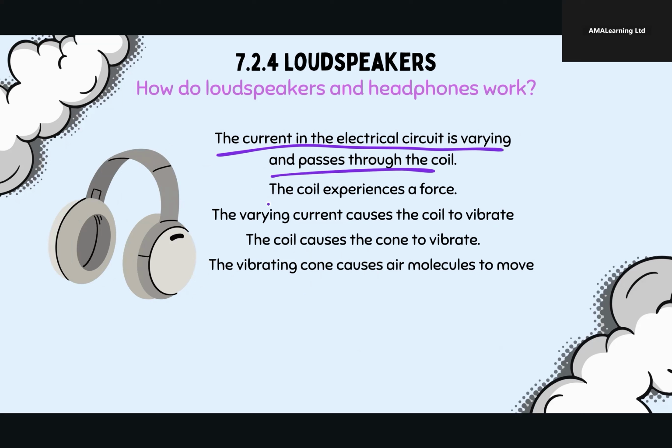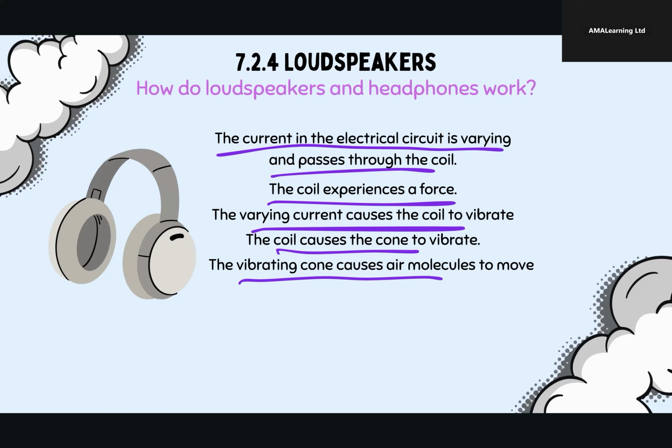The coil experiences a force. The varying current causes the coil to vibrate. The coil causes the cone to vibrate, and the vibrating cone causes air molecules to move. Now, that's what you need to know, but that's not always the easiest thing to understand. So let's go through this in a bit more detail, because this uses electromagnets and it uses the motor effect.